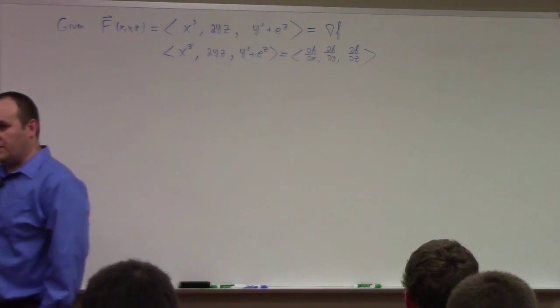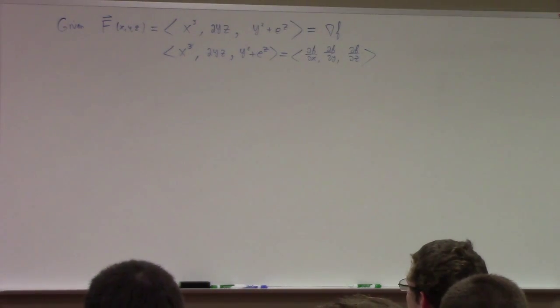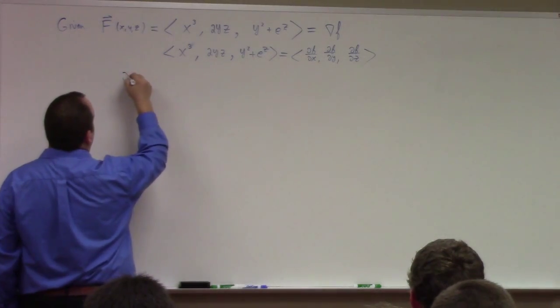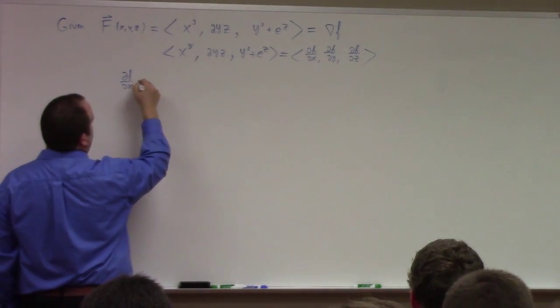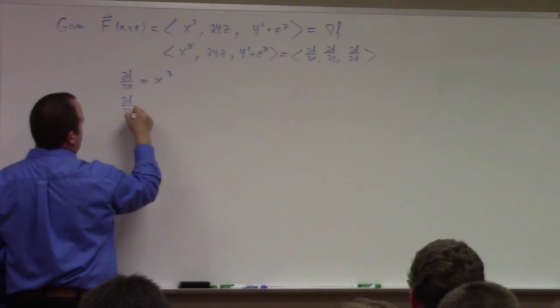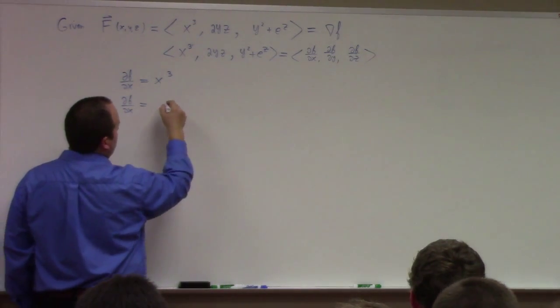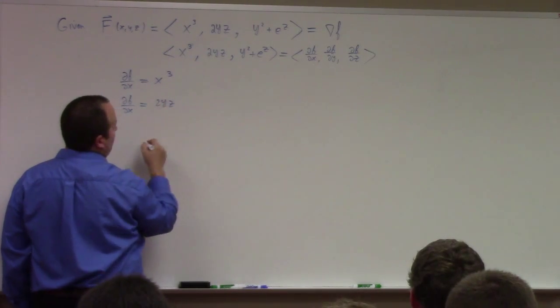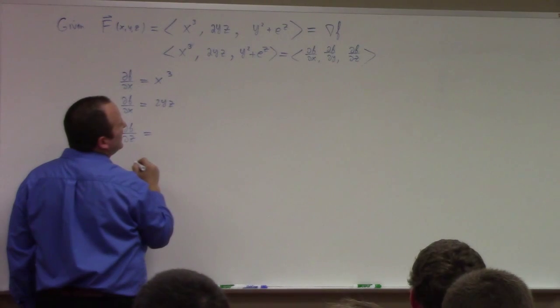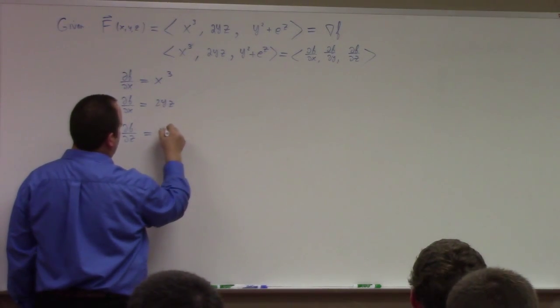So I have to solve 3 equations at the same time, right? I've got to solve partial f partial x equal to x cubed, partial f partial y equal to 2yz, and partial f partial z equal to y squared plus e to the z.